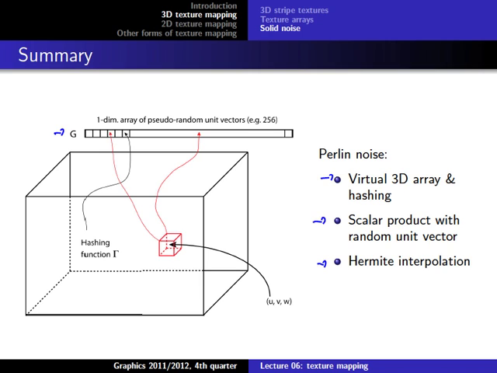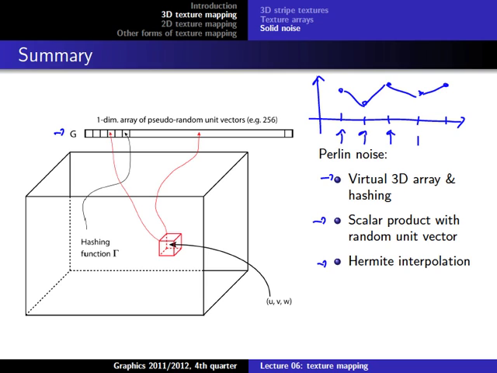The scalar product of the random unit vector, if you think about it in 1D, you could illustrate it like this, that you say, if you create at each position a random value like this here, and then do a linear interpolation between them, of course, it is very likely that you see in the final pattern these local maxima and minima because they have such a regular structure.